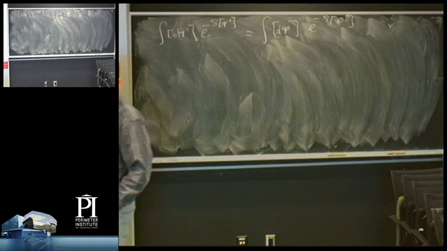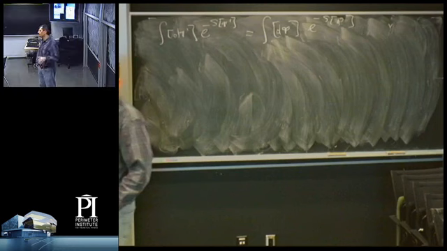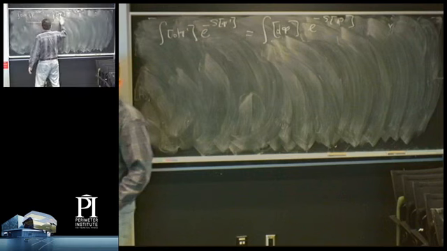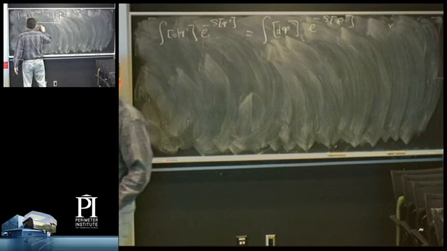The reason for that is that all I did in this line, I just changed variables. I don't care if it is a symmetry or not. You told me that there is a relation between phi and phi prime, and so I just transformed. So this is a change of variables in the path integral.